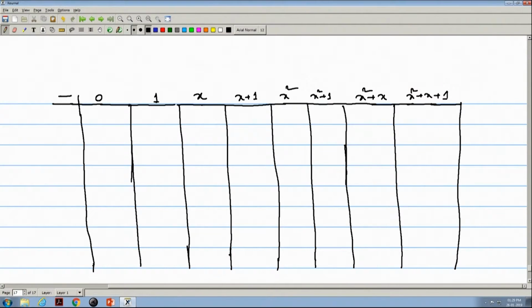First I do the addition, and we are considering m(x) as 1 plus x plus x cube.